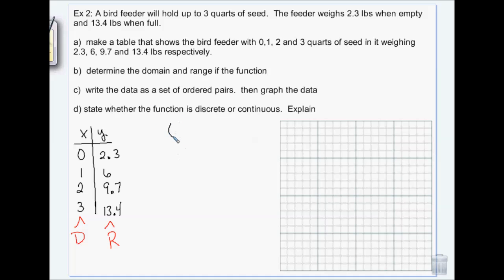If we put this as a set of ordered pairs, that's not right. Don't write that. Okay, that's correct. And then this one's not right.